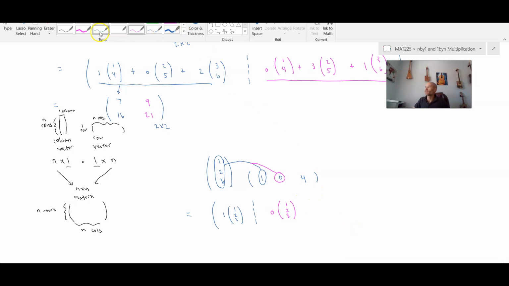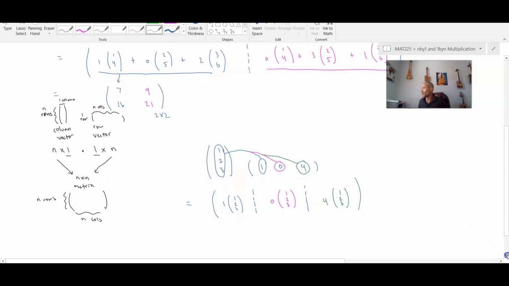And now I have to move on to the third column of the second matrix. The third column just consists of 1 element, which is 4. Again, that will scale the single column of the first matrix, which will be 4 times 1, 2, 3. And there we go. There's no summation taking place here because it's just 1 column scaled by 1 row element in the second matrix.